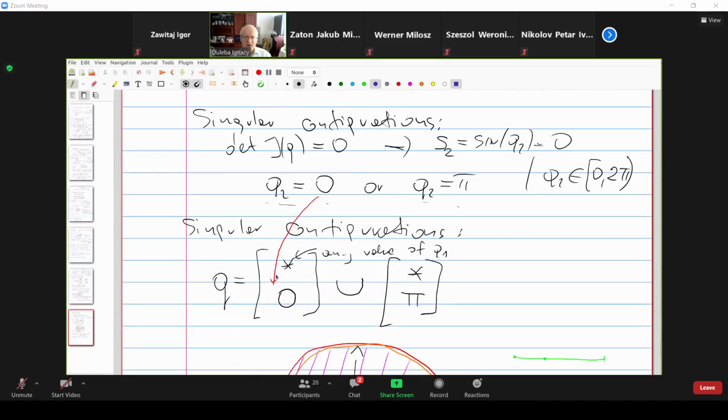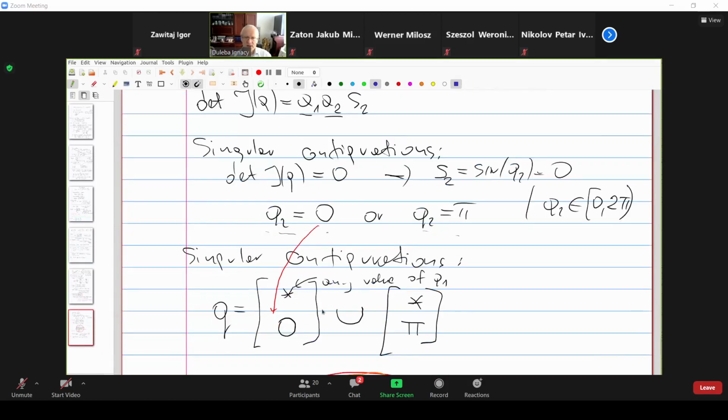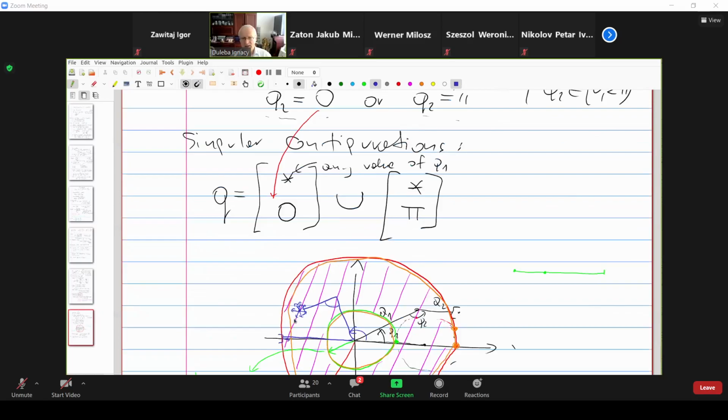a set of singular configurations. Please notice that those components of the Q vector which aren't present in this equation could take any value, in this particular case Q1.